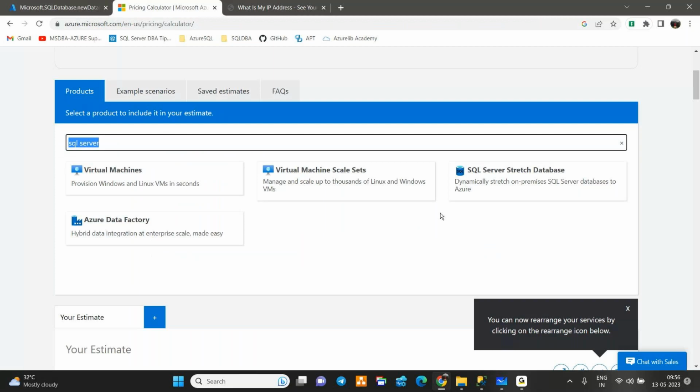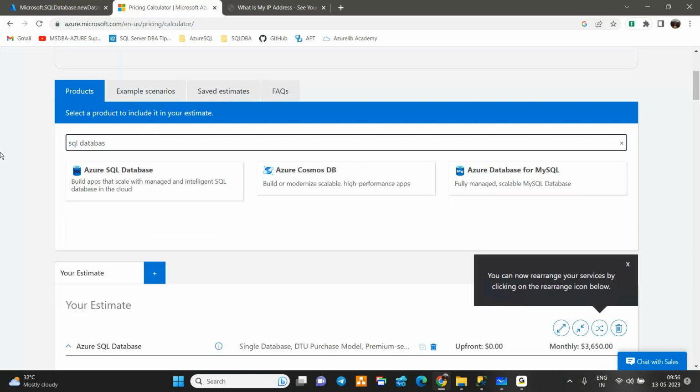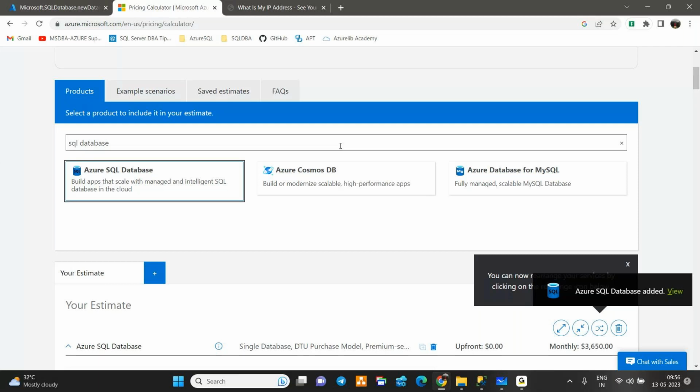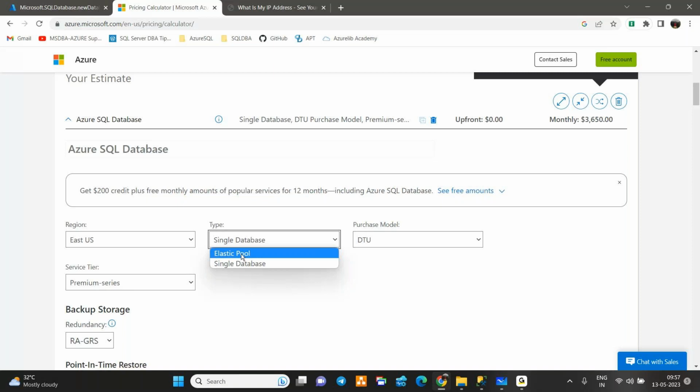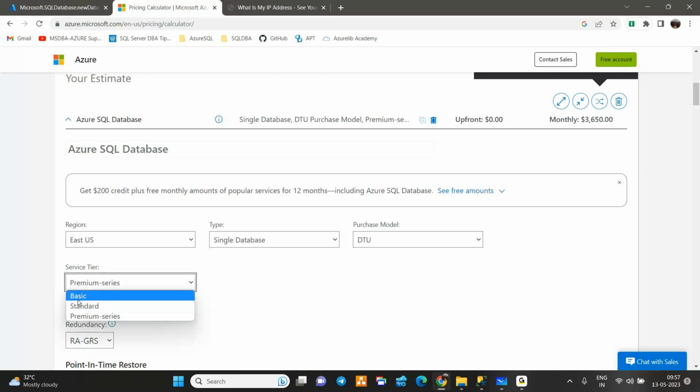See, if you go to this blog, there are a lot. For example, if you go for SQL database and someone is asking about pricing, you need to choose whether it is a single database or elastic pool, DTU or vCore, premium, standard or basic, and your local redundancy.